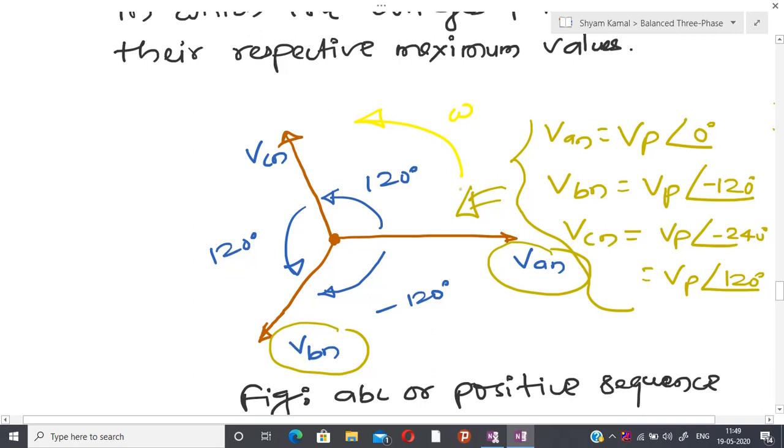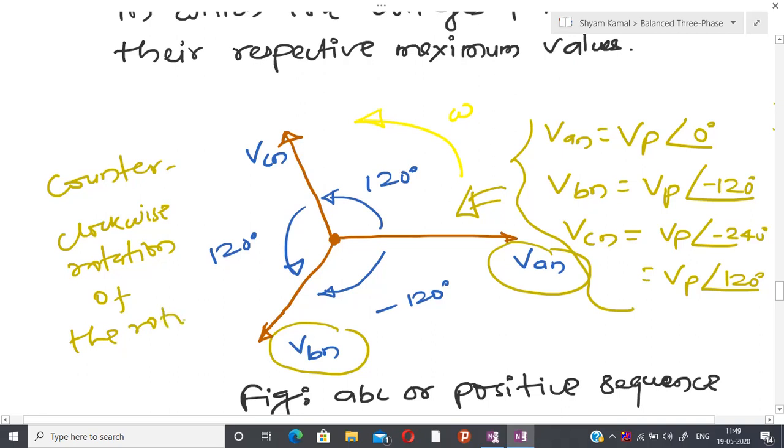And this sequence is produced when the rotor rotates counterclockwise. So if it rotates like this, in the counterclockwise direction, then basically due to the counterclockwise rotation of the rotor, the positive sequence comes into picture.